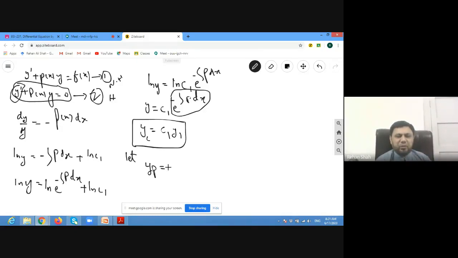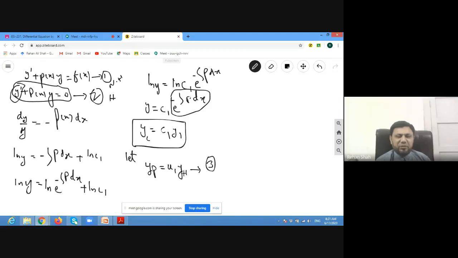Let yp is equal to u1 into y1. This is equation 3. Why we are selecting this and how we select this: yp means particular solution.